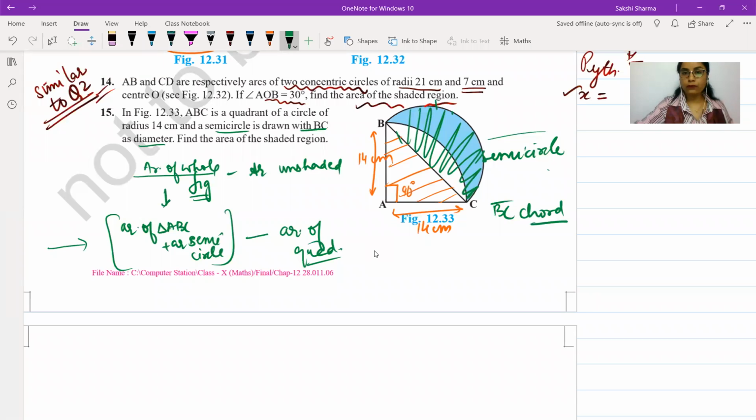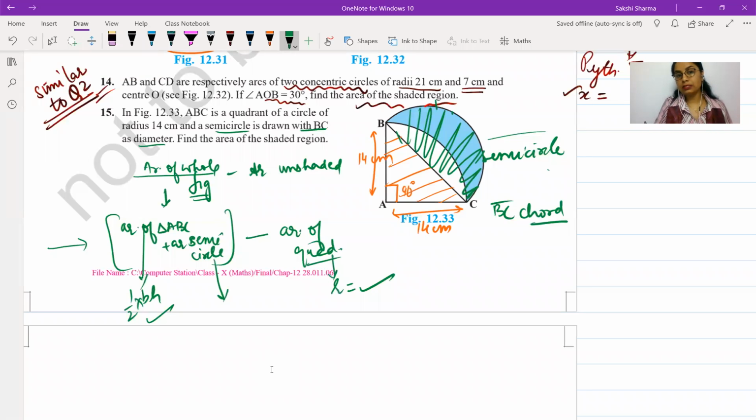Now think of the values required to find the area of these three regions. The triangle is a right triangle, so for its area you need the base and the height. We have the base and height, so we can find the area. For the area of the quadrant, we require the radius. We have that also.